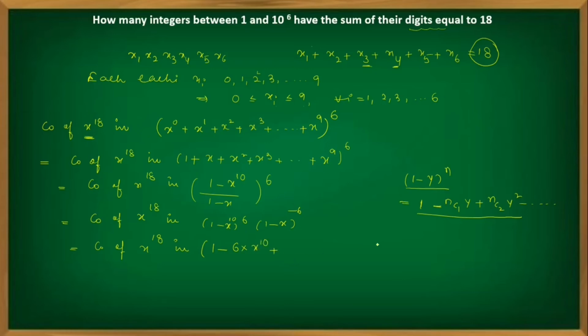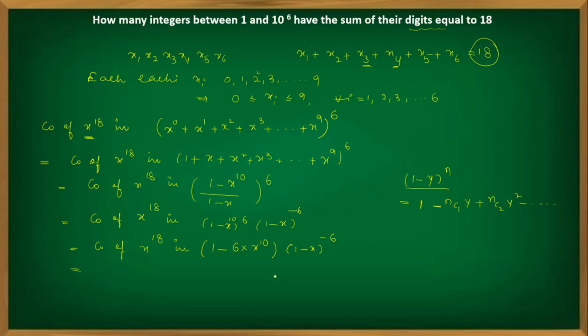Now you tell me what is the next term? nC2 means 6C2 into (x to the power of 10) square. That is x to the power of 20, which is not necessary, because we just want the coefficient of x to the power of 18. So no need to write any term exceeding the power of x 18. So I'll close this expansion up to here only, into (1 minus x) whole to the power of minus 6.